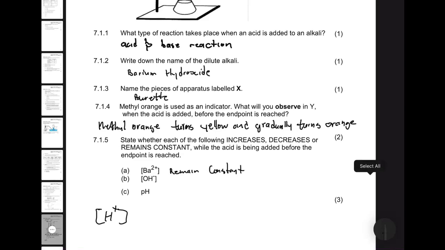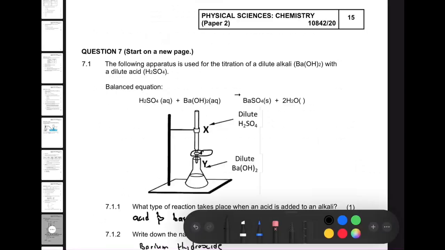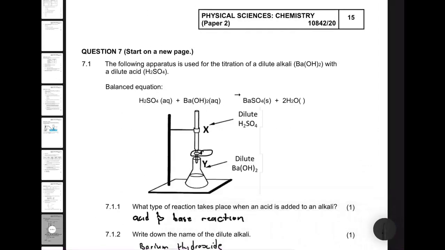The concentration of OH- will go down when we add H+. Why am I saying that? So before we started adding the acid, we just had Ba(OH)2 giving us Ba2+ plus 2OH-, right?